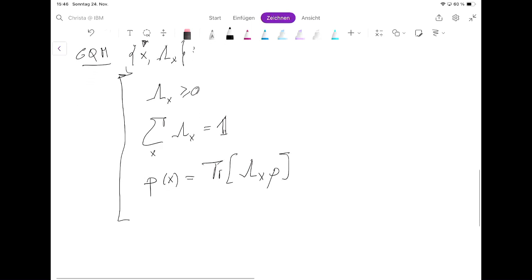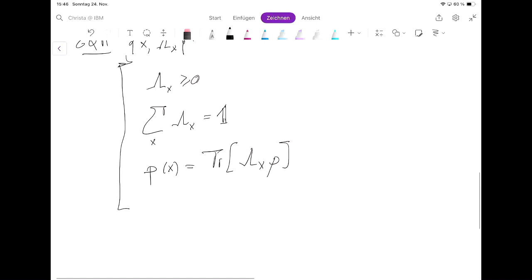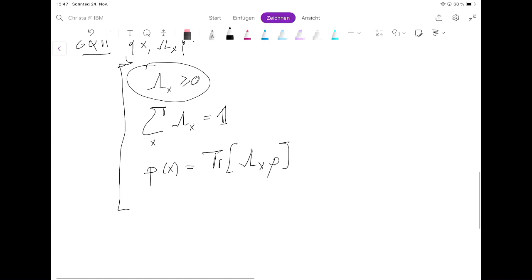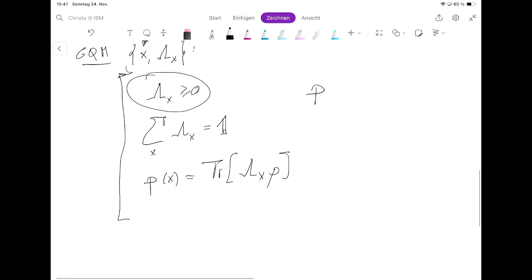But the important point is that this is a generalization of the notion of measurements. Because these operators are positive, this is historically known as the positive operator valued measure. Strictly speaking, the collection of these lambda x is called the POVM, and we will call POVMs this class of quantum measurements in general.